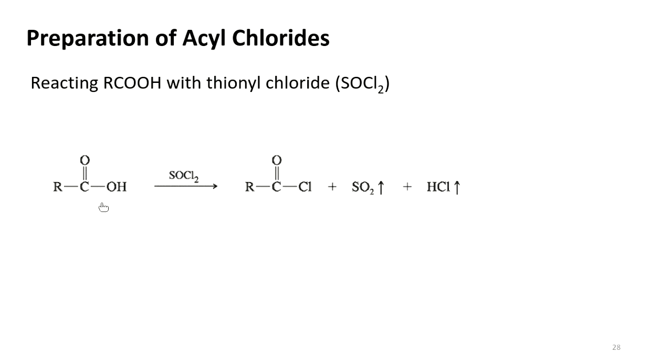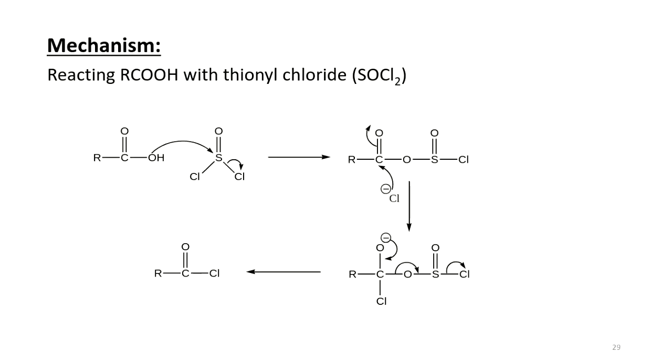So our OH is replaced with the chlorine from the thionyl chloride to give us our acid chloride. We form sulfur dioxide gas, and we form HCl gas. So the little arrow is supposed to indicate gas being evolved from our reaction mixture. And so here's the mechanism showing that the OH is being converted to a good leaving group.